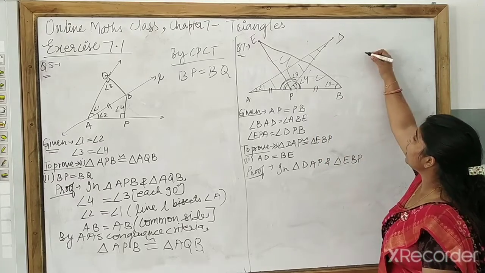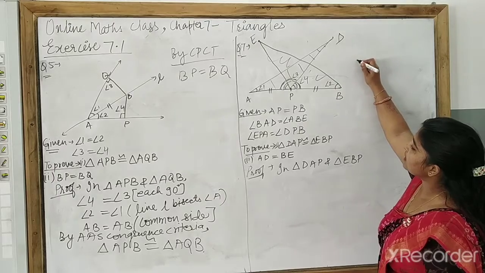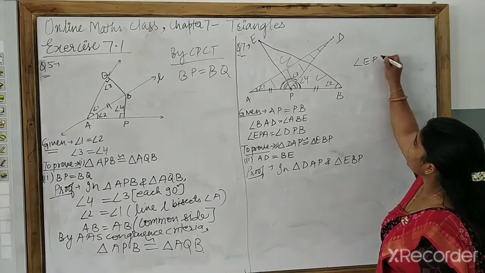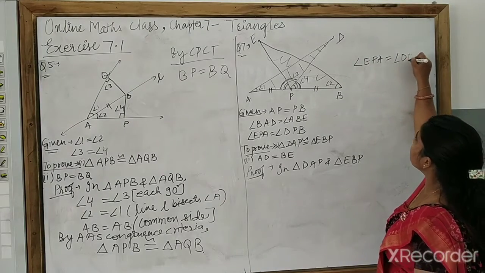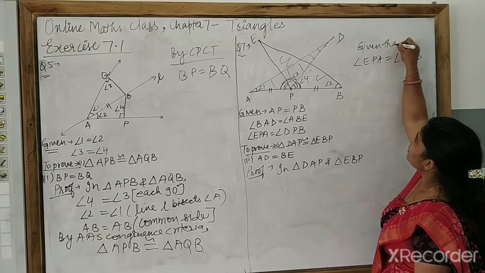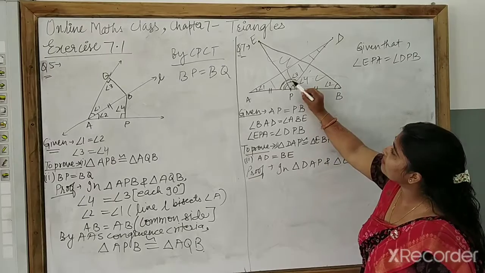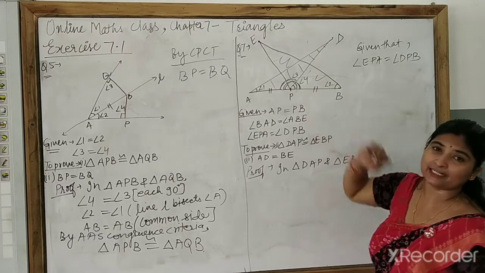So before doing this, you will do this one also. That is, angle EPA is equal to angle DPB. It is given to us. So given that these angles are equal. Now can you see that this is the angle which is common in angle 3 as well as in angle 4.